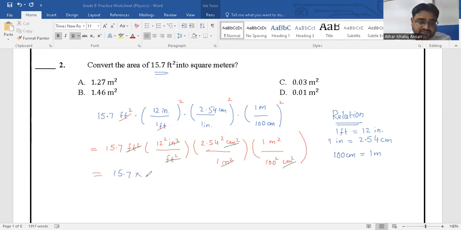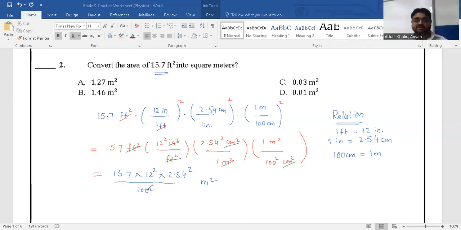And now what I found is I have 15.7 times 12 squared times 2.54 squared divided by 100 squared, and the only unit left is square meter.